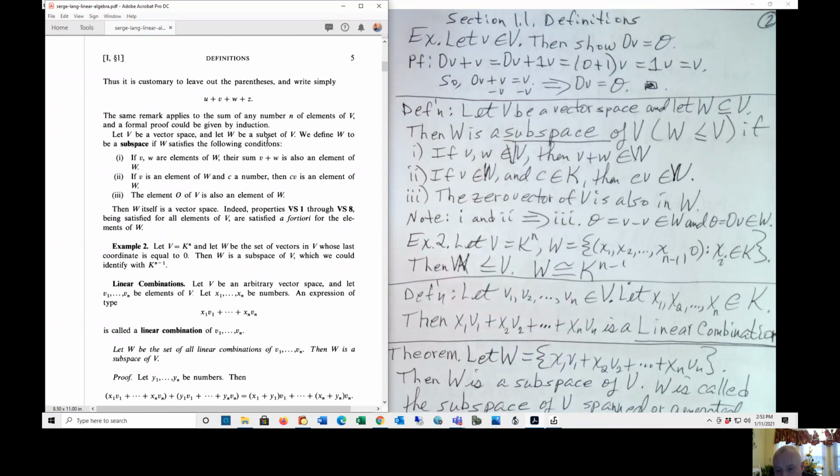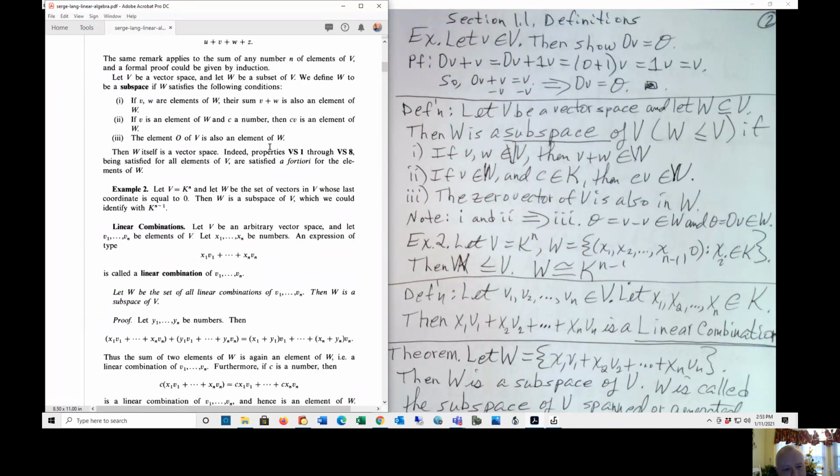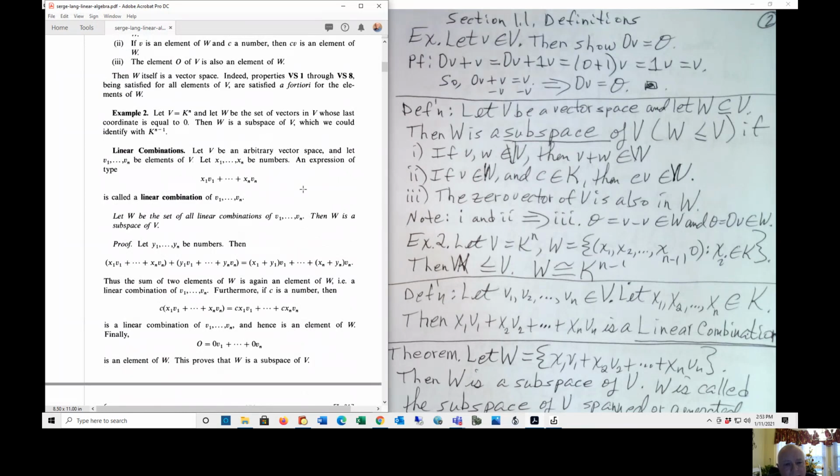Now, one of the most important concepts in linear algebra and in dealing with linear equations is the concept of the linear combination of elements. Linear combinations. When you have an arbitrary vector space V, and you have a set of n vectors in V, v1, v2, through v sub n, and you have scalars x1, x2 through x sub n, let those be numbers.